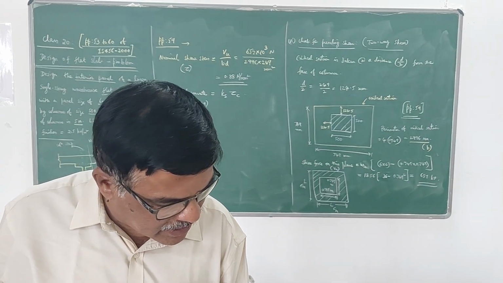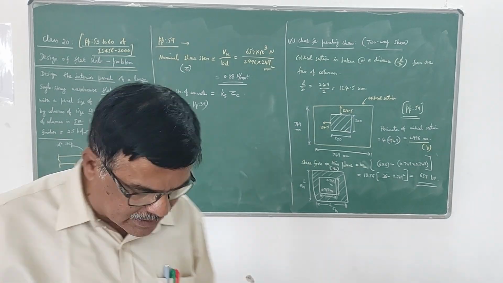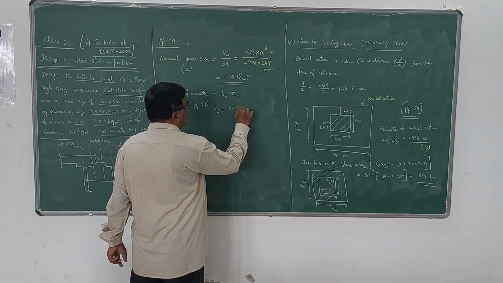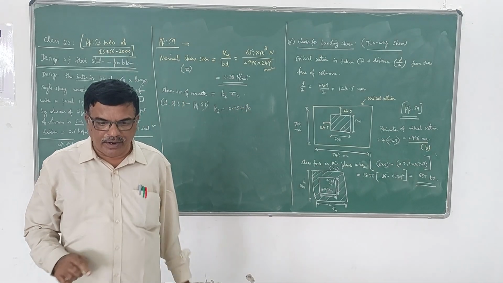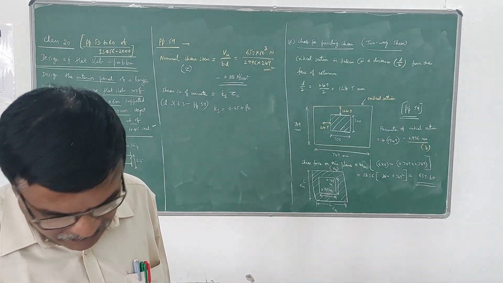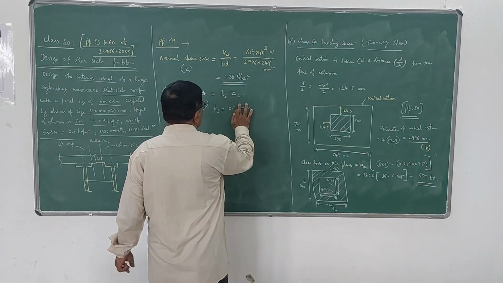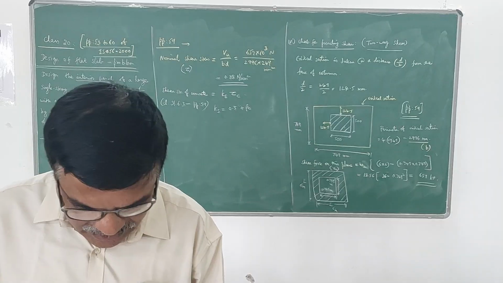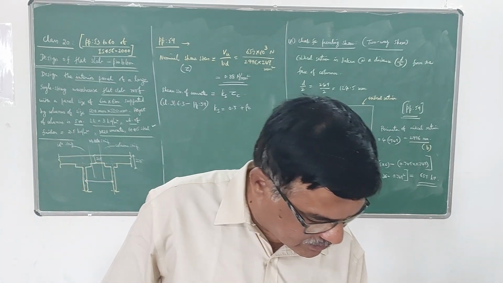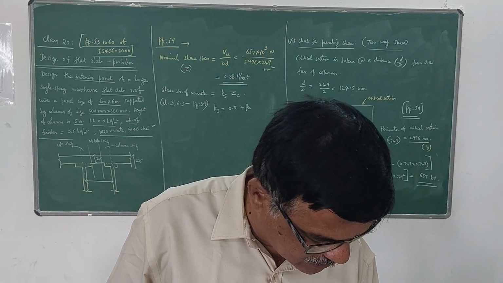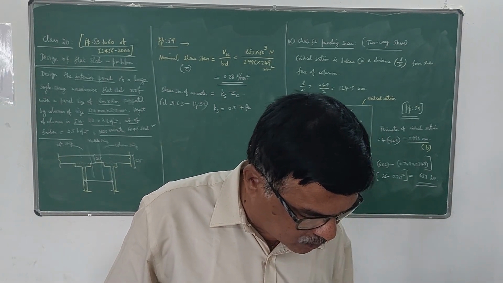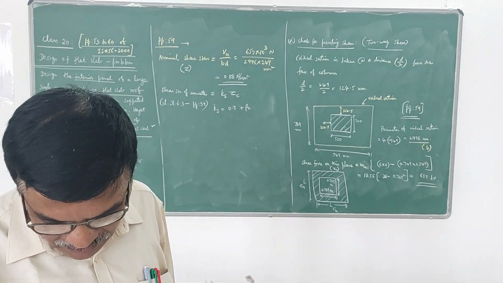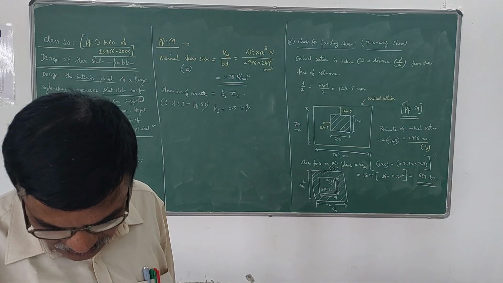Here Ks is given by 0.5 plus beta c. Beta c is the ratio of short side to long side of the column or capital. In this case 500 mm by 500 mm is the column dimension, so beta c is 1 here.